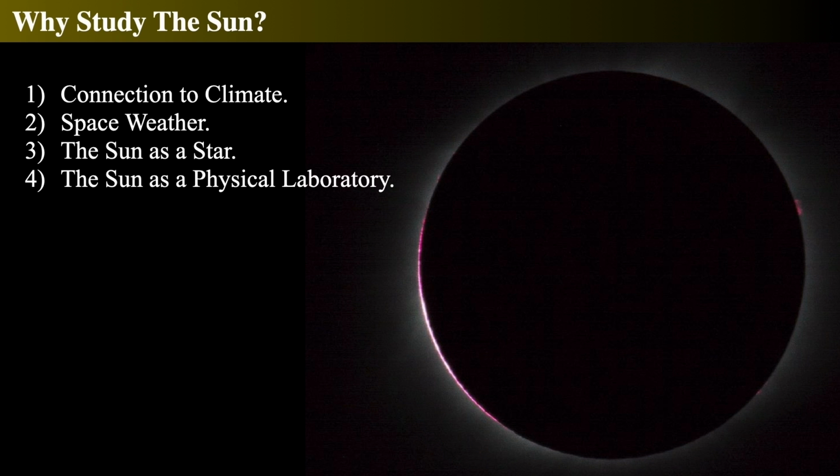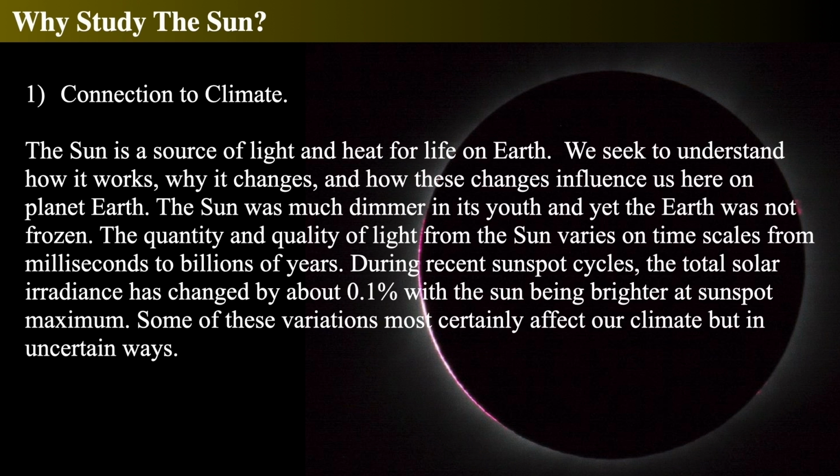So why do we study the sun? There are numerous reasons, and we'll discuss these four in brief right now. We study the sun because there's a connection to our climate. Since it's the primary source of light and heat on Earth, everything that the sun does can influence how warm or hot the Earth is, and so it is the fundamental driver of all climate on Earth.